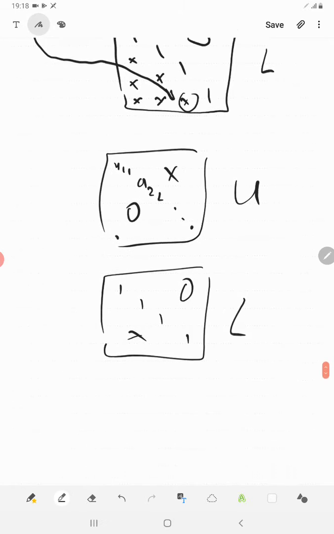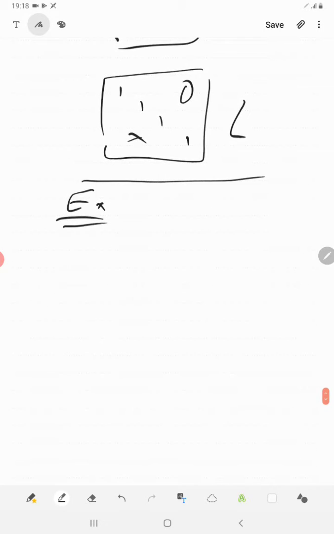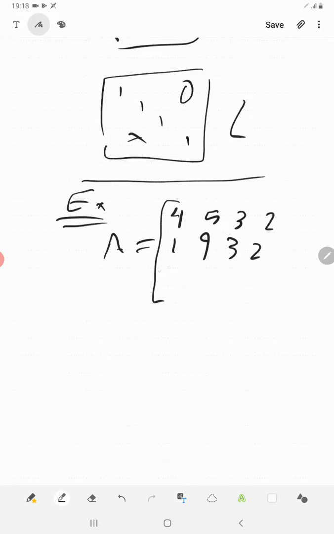Let's just demonstrate by an example here. In this example, we have an A. We go to MATLAB. We'll see this A is 4, 5, 3, 2, 1, 9, 3, 2, -1, -2, 3, 1, then 1, 3, 2, 5.